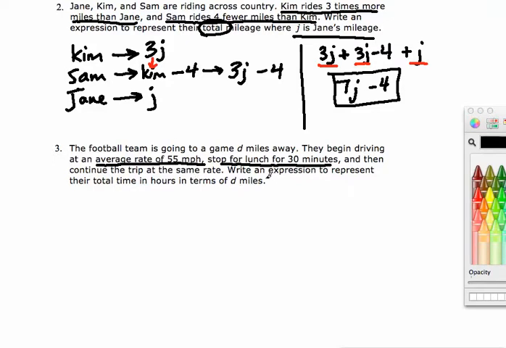So the whole trip is traveled at a rate of 55 miles per hour, and then we have a break in there of 30 minutes. We want to write an expression, so one without an equal sign, to represent their total time in hours in terms of D miles. So right away we have a little bit of a problem here.